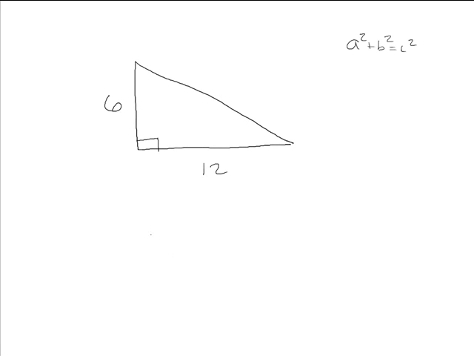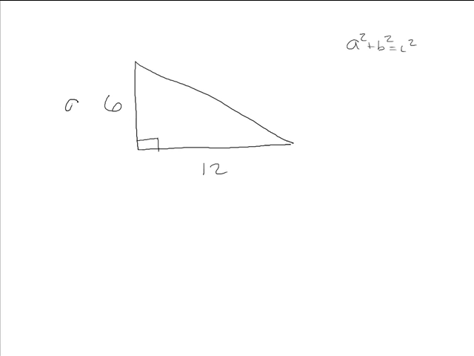So let's say one leg of our right triangle has a length of 6, and the other leg has a length of 12. And I want to know what is the length of the hypotenuse of the triangle. Well, all I have to do is decide which of these is going to be A, which is going to be B, and which is going to be C. One nice thing about A and B here is that it really doesn't matter which of these two legs I choose, as long as A and B are both the legs and not the hypotenuse.